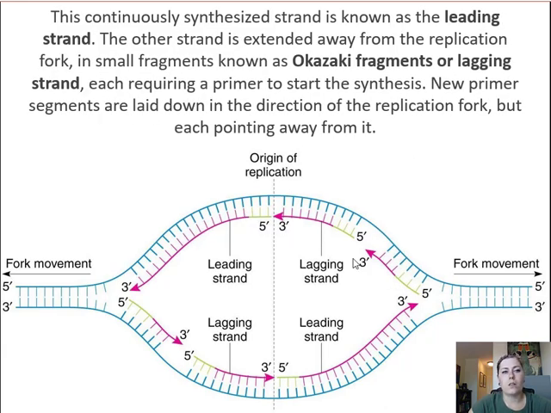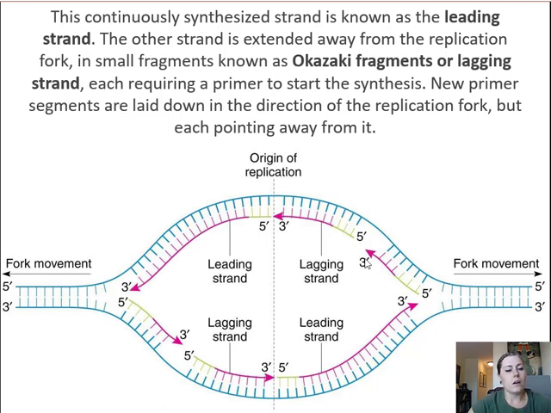Now, the other strand that's extending away from the replication fork is made of small fragments known as Okazaki fragments. It's also called a lagging strand, or the strand that is broken up into multiple pieces. It also requires a primer to start. The Okazaki fragment was discovered by a Japanese scientist named Okazaki. That's where it's got its name from.